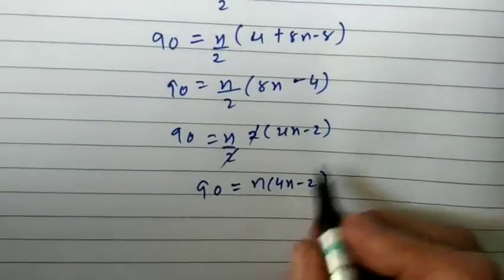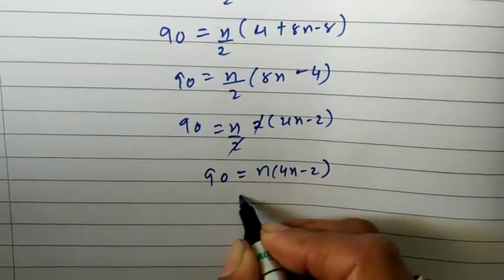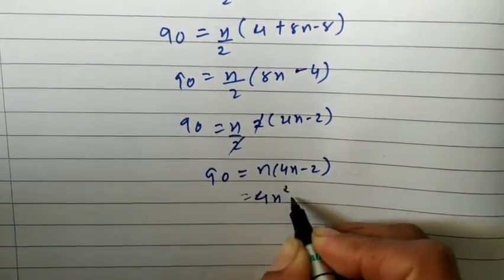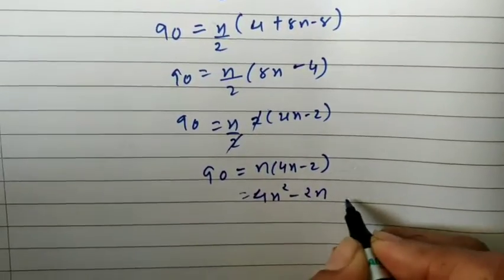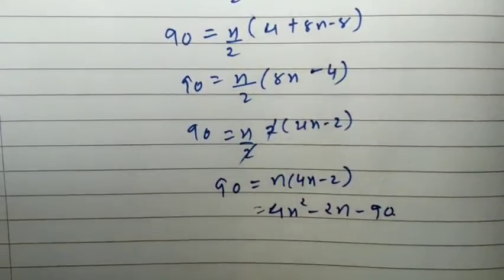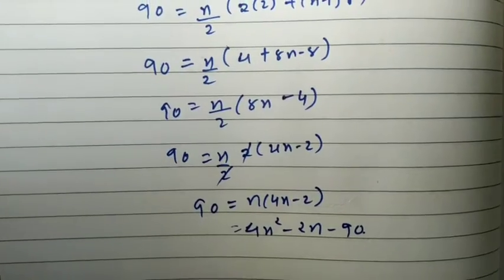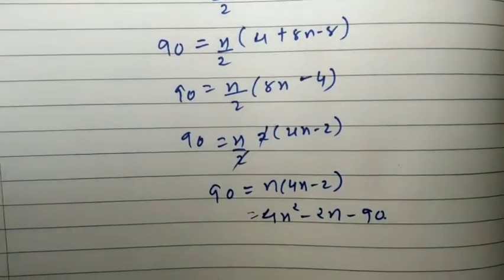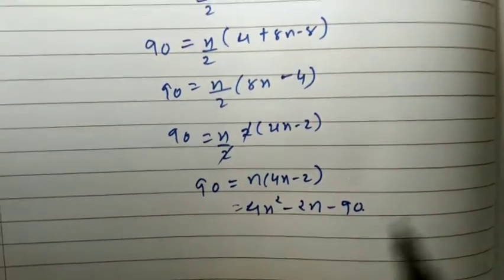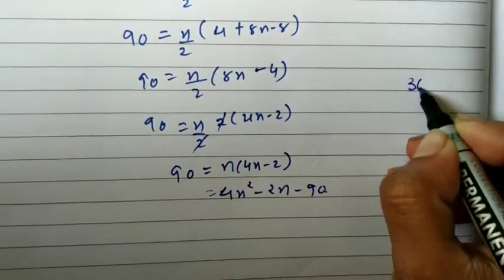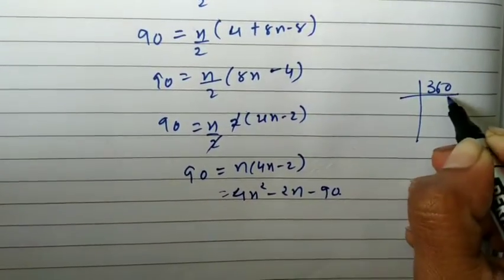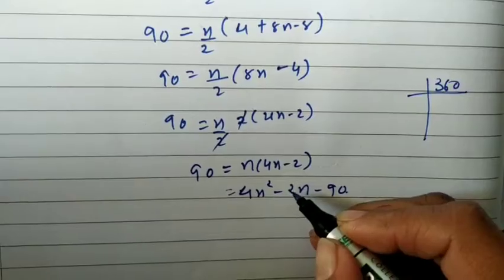Now here what will we do? We will multiply this. So here it will become 4n square minus 2n. And this 90 I will take to this side, so it will become minus 90. It means here we got an equation which we will solve by splitting the middle term. 4 9s are 360. We will find factors of 360 such that after subtracting we get 2.